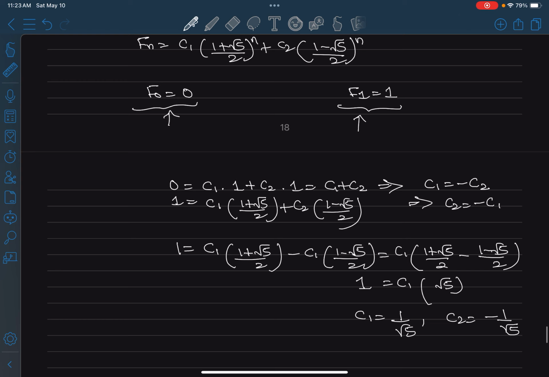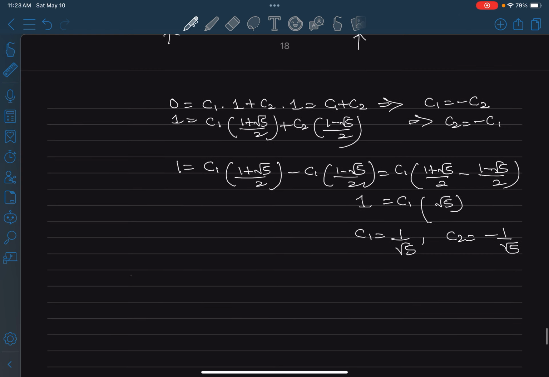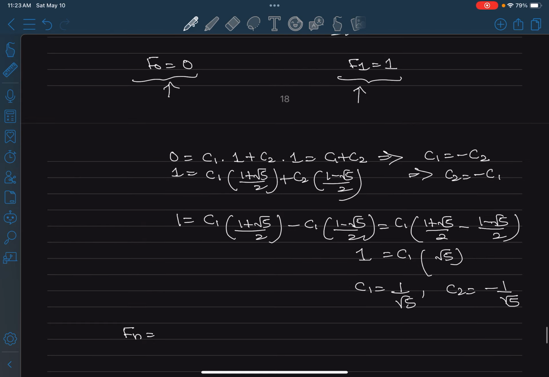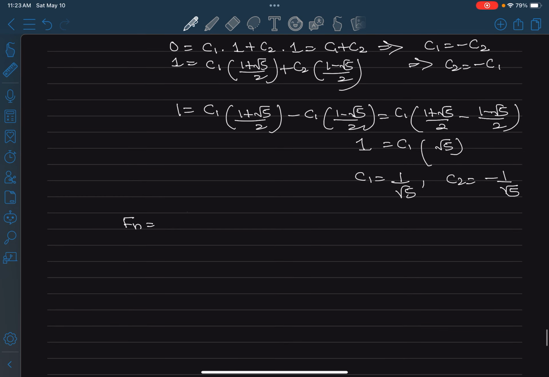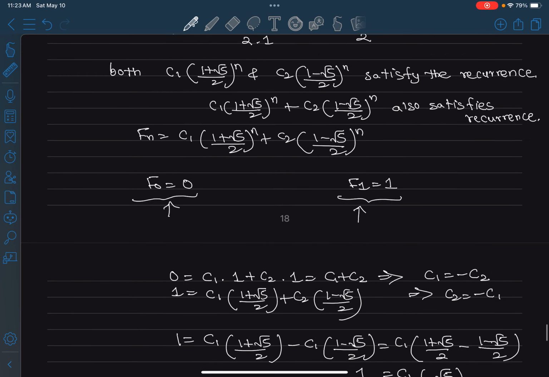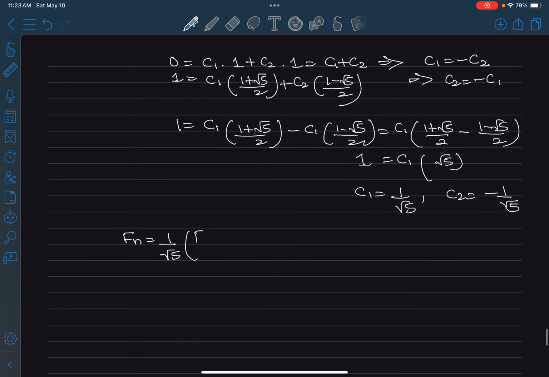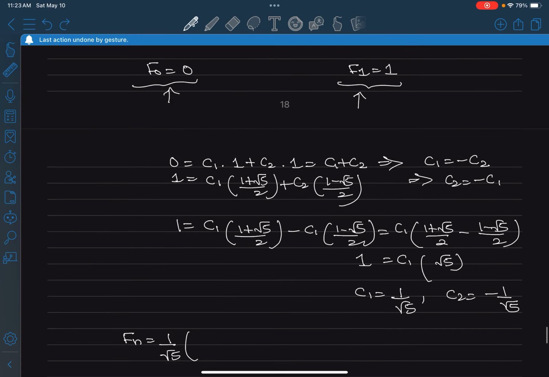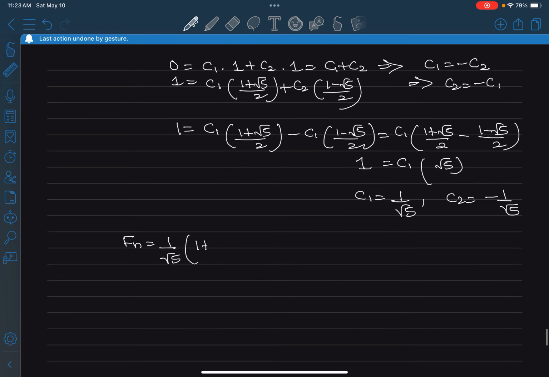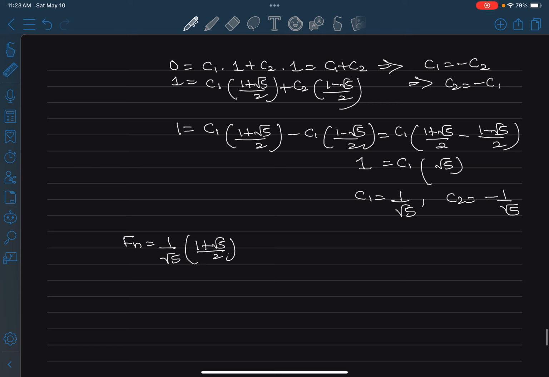And so now substituting them, we have the general formula for Fn as 1 by root 5 times (1 plus root 5 by 2) to the power n, and then minus 1 by root 5 times (1 minus root 5 by 2) to the power n, right?